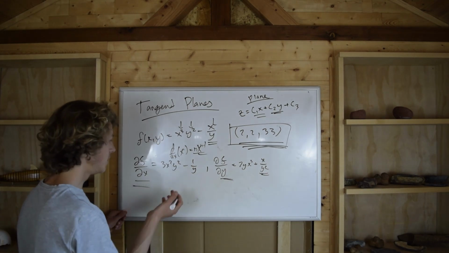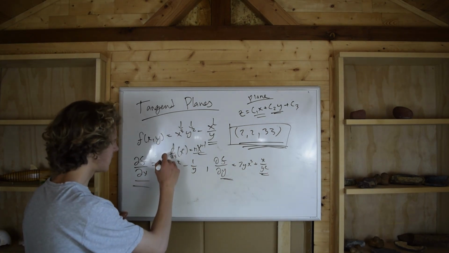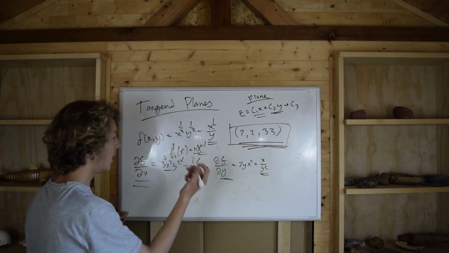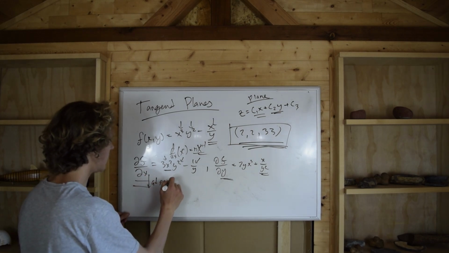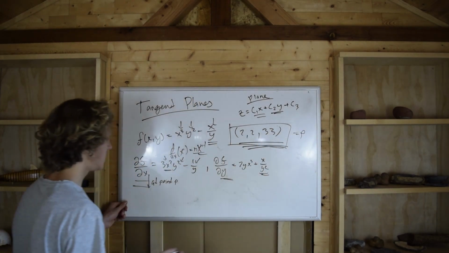If we plug in 2, we end up getting, what is that? 12 times 4, 48 minus 1/2. So at the point here, I'll call it P, this is point P just to make it easy.